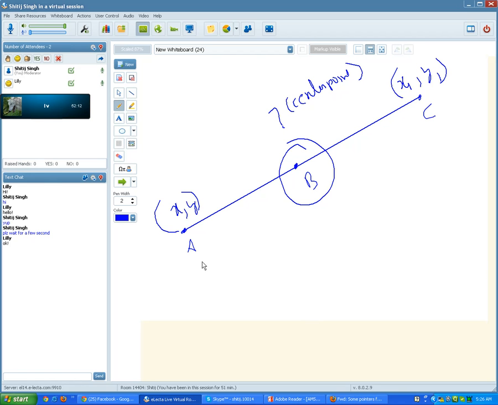Very easily, just add up the x coordinates, x plus x1, and divide them by 2, and y plus y1 divided by 2. Have you done all these things before or not? Okay, this is the midpoint formula. You can say midpoint theorem.